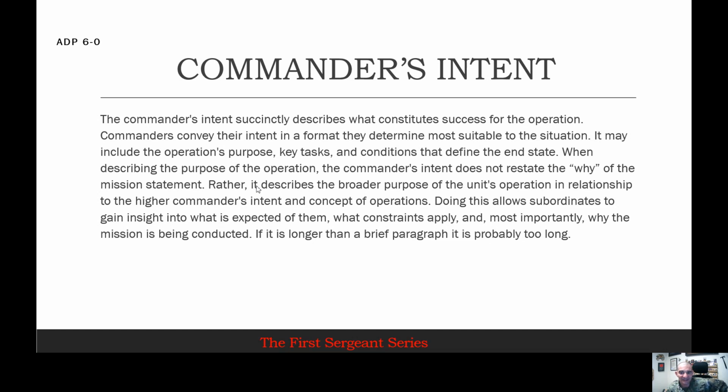The commander's intent describes what constitutes success for the operation, okay? Commanders convey their intent in a format that they determine most suitable to the situation. It may include the operation's purpose, key tasks, and conditions defined in the end state. So when describing the purpose of an operation, the commander's intent does not restate the why of the mission statement, okay?